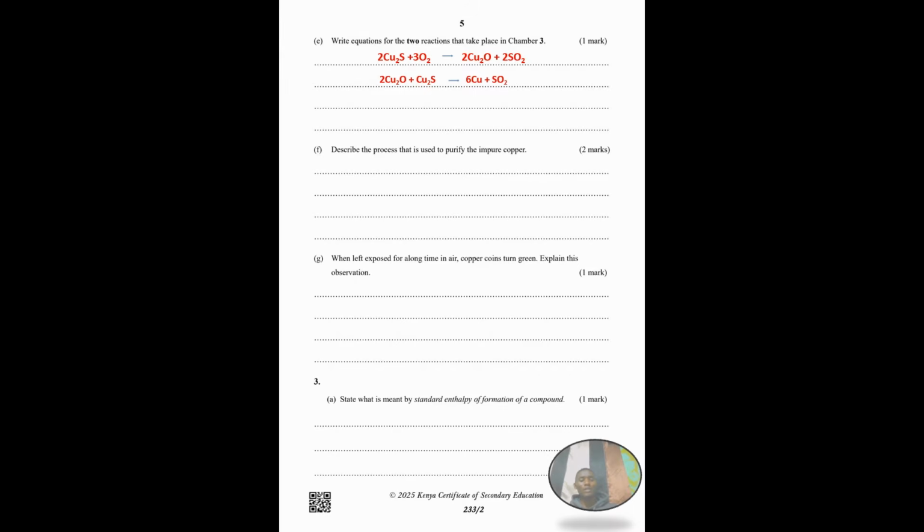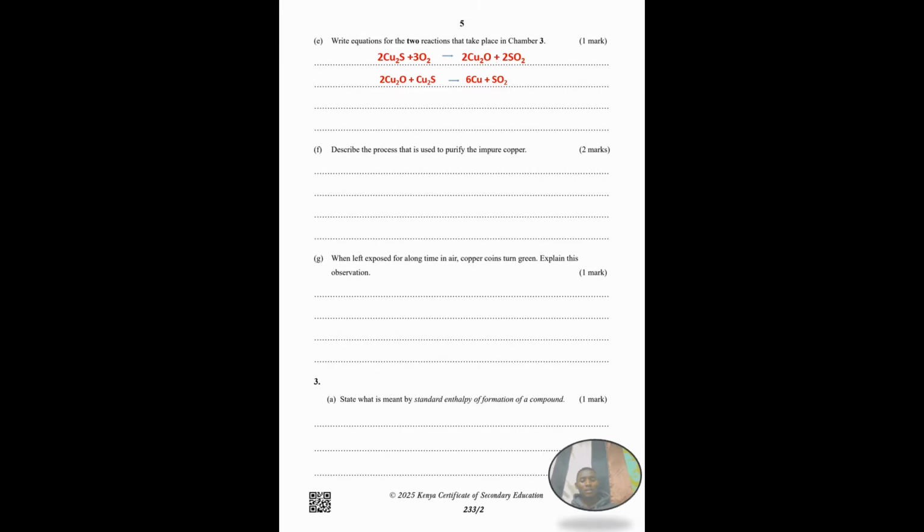We actually call it blister copper, and this is because as it tries to solidify, the bubbles of sulfur 4 oxide gas released make it have a blistered appearance.